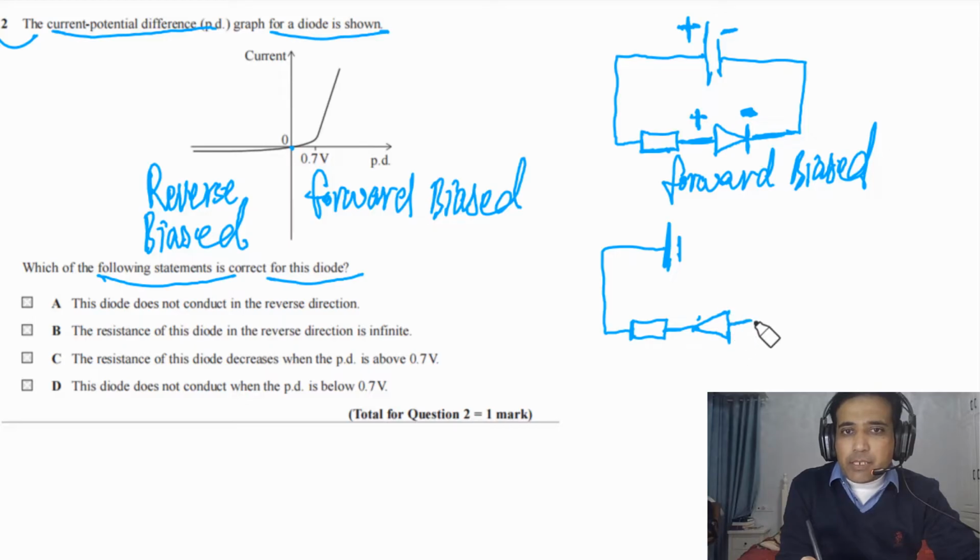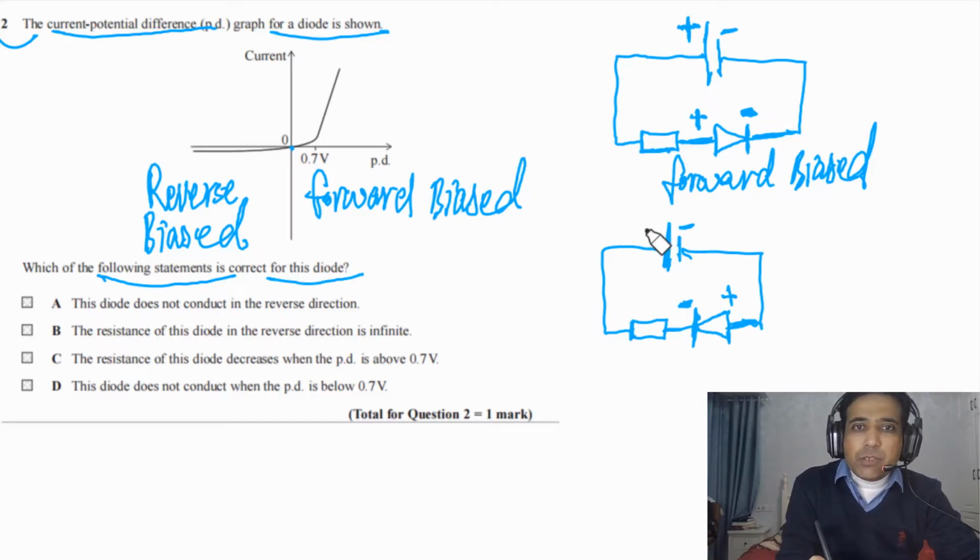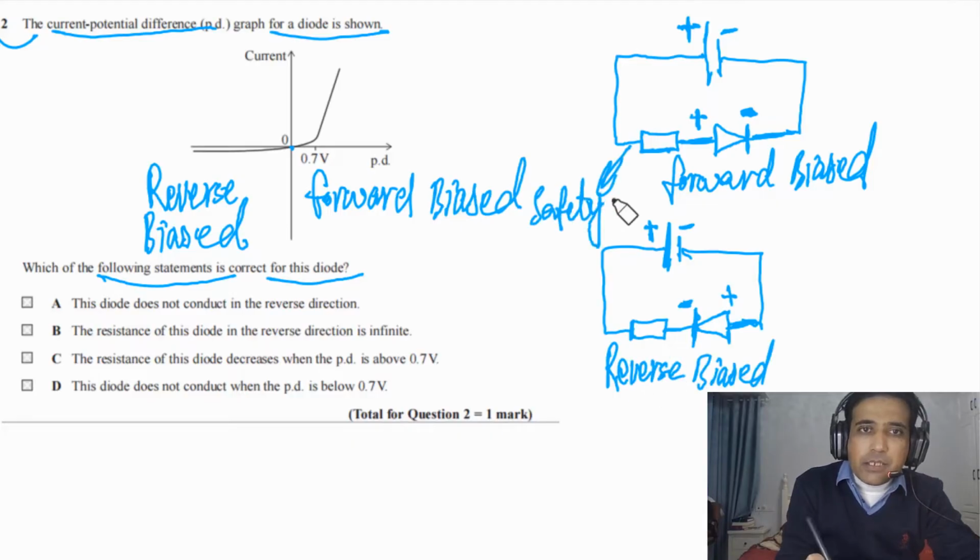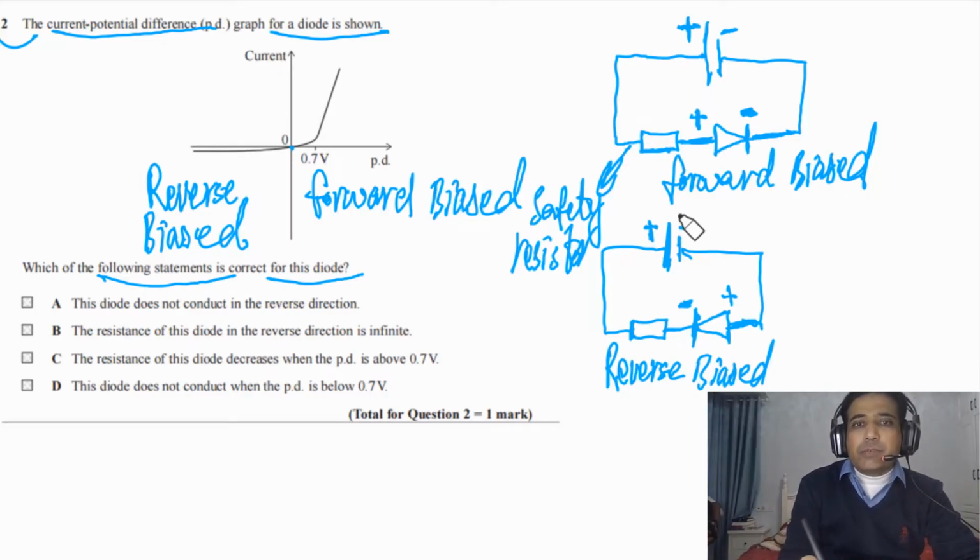So this is our diode. In this case, you can see the positive is connected with negative, and the negative of this diode is connected with positive. So this is reverse biased. This is the safety resistor. So this is forward bias and this is reverse biased.